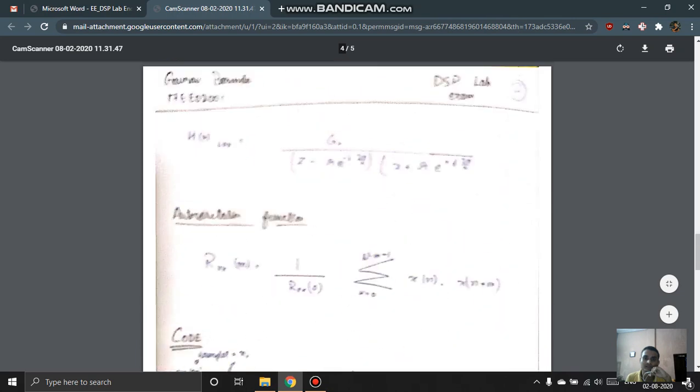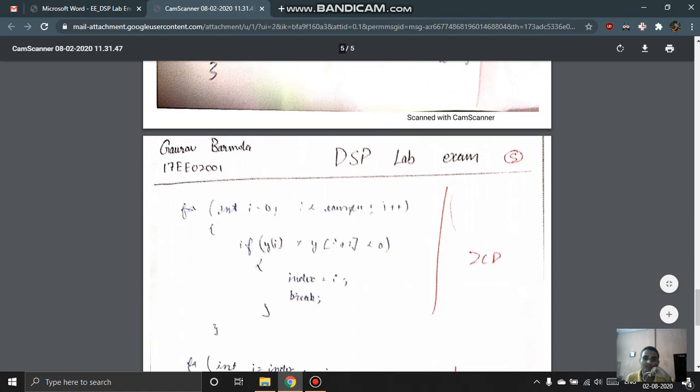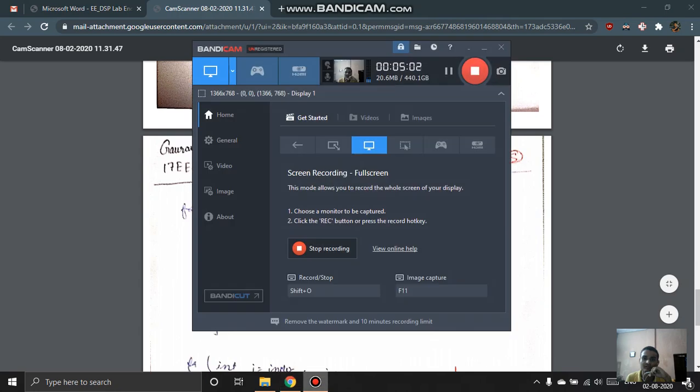This is our loop for the autocorrelation function, which is just implementing this particular sum, and after we achieve the autocorrelation function, we'll use that ACF to find the zero crossing point.